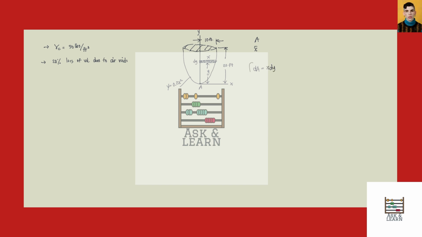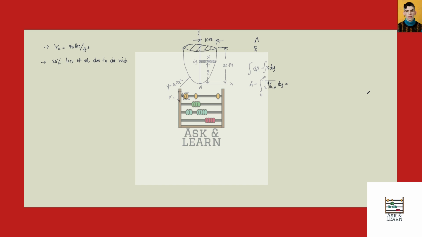If we integrate this differential area, we would get A is equal to the integral of x dy, but we know that x is equal to the square root of y all over 0.2. So we have the integral of the square root of y all over 0.2 dy from 0 to 20 feet.